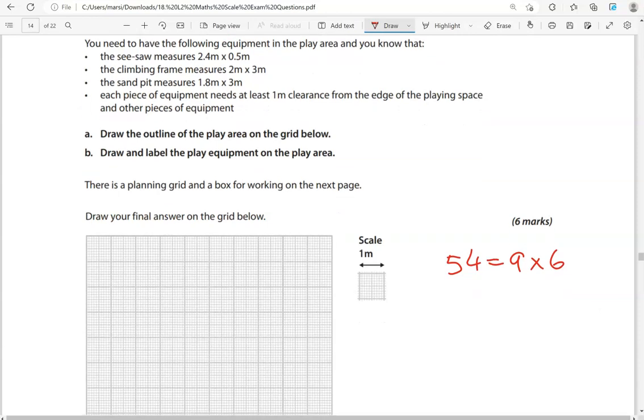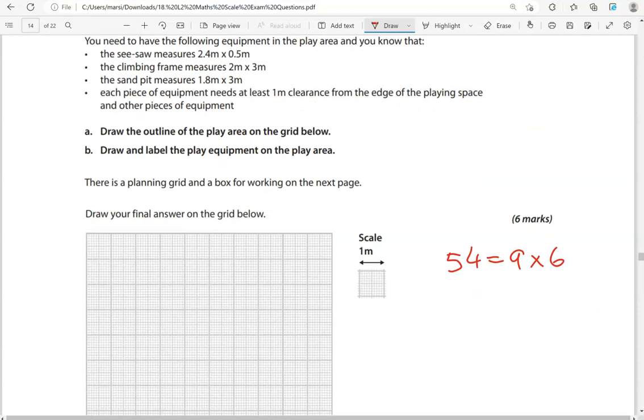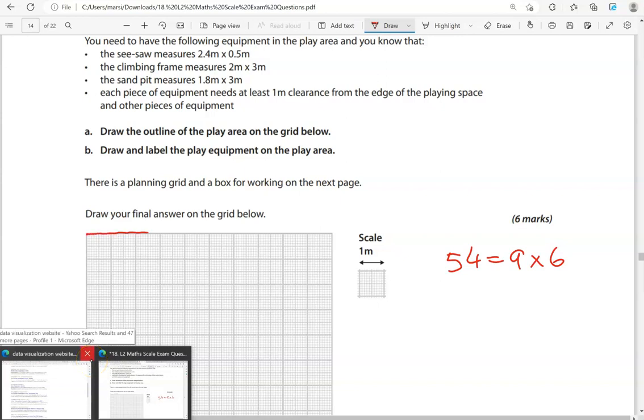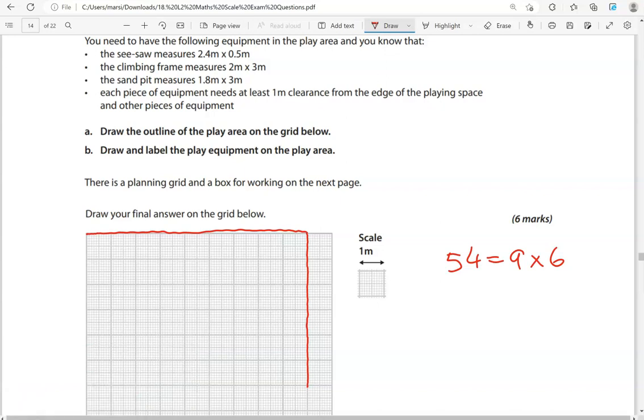So 9 meters by 6 meters. So let's see, we've got 1, 2, 3, 4, 5, 6, 7, 8, 9 squares, and then we'll go 1, 2, 3, 4, 5, 6 down. So this will be the play area.